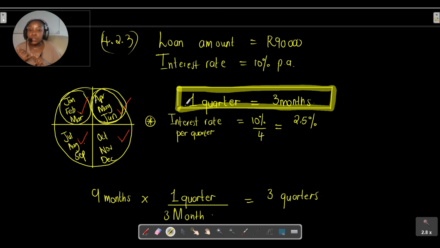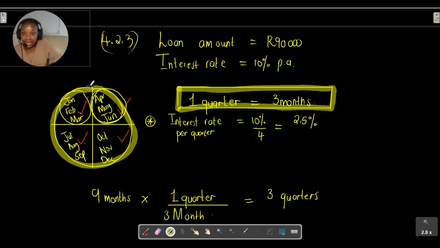So the first thing we need to do is change the interest rate. If it's added per quarter, how many quarters do we have in a year? We've got 4 quarters. I've showed you guys this. So we're going to take that 10%, divide by 4, and we get 2.5%.